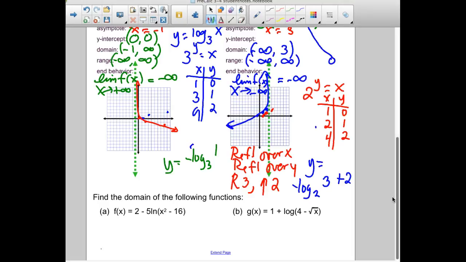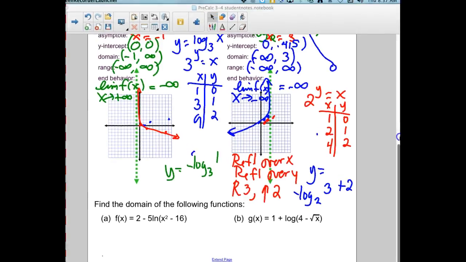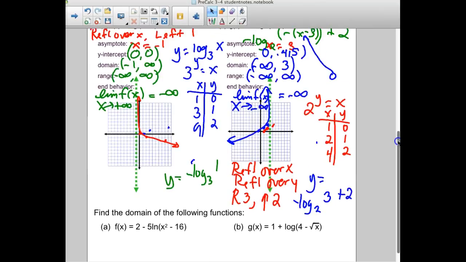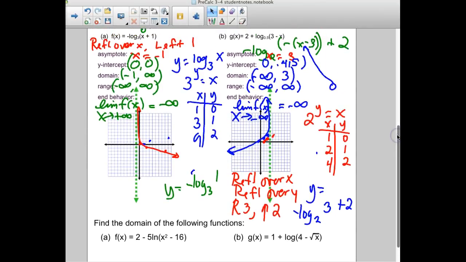What do we get? Okay. Does that fit what our graph is saying? Did we intercept at about 0.4? Yes?